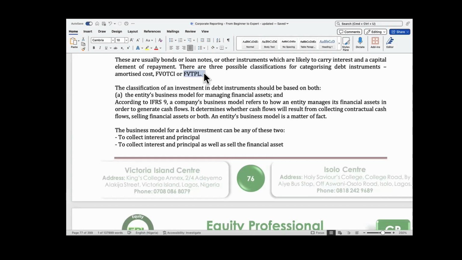And I said business model is either you want to collect interest and principal, or in addition to collecting interest and principal, you also want to sell. That can be your business model. And very importantly, there has to be a contract that will state that you collect interest and principal.